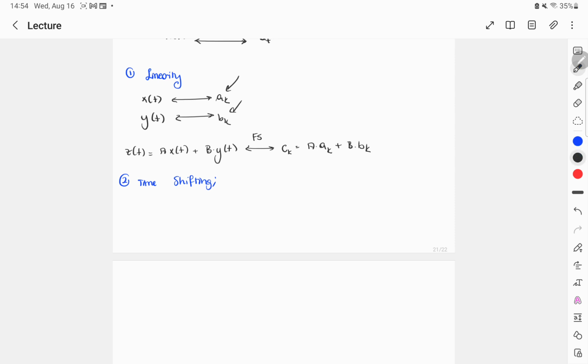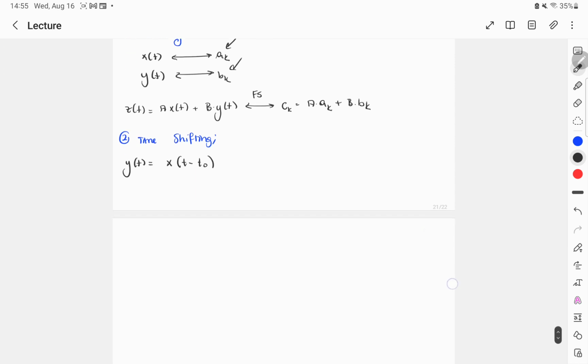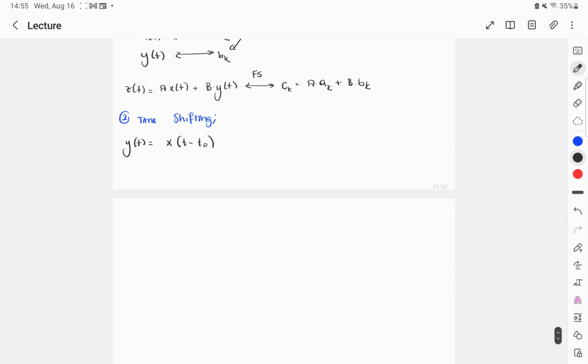So if we have a y signal and it is the t0 time shifted version of the x(t) signal, then what do we do? We already knew that for any a_k, which means Fourier series coefficients, we need to use this formula: 1 over T integrated over T, x(t) times e to the power of minus j n omega t dt.